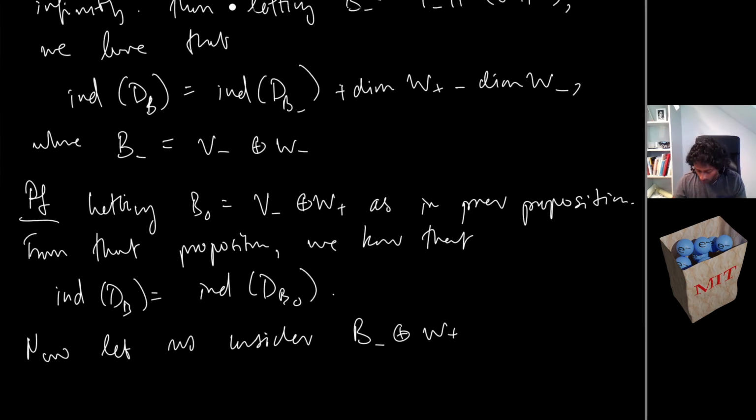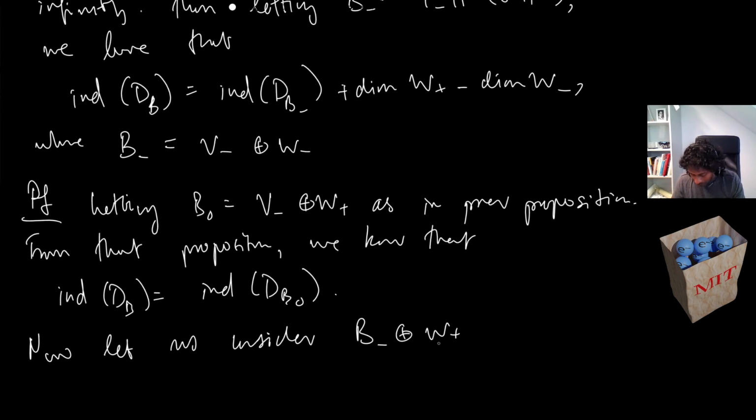Remember that W plus is a finite dimensional subspace of H half. So adding this finite dimensional part to B naught still keeps it closed, because B minus is purely contained in the P minus H half.